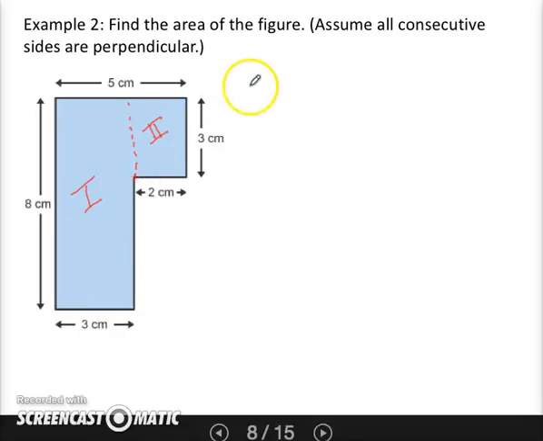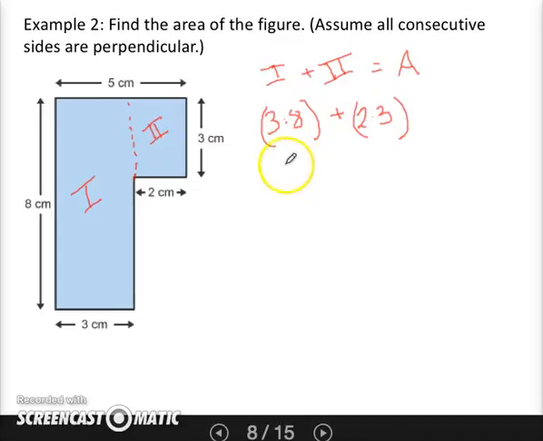So I'm going to write 1 plus 2 is my total area. The area of region 1 is 3 times 8 plus area of region 2 is 2 times 3. Okay, so I have 24 plus 6 is the area, so that 30 is the area of that shape.